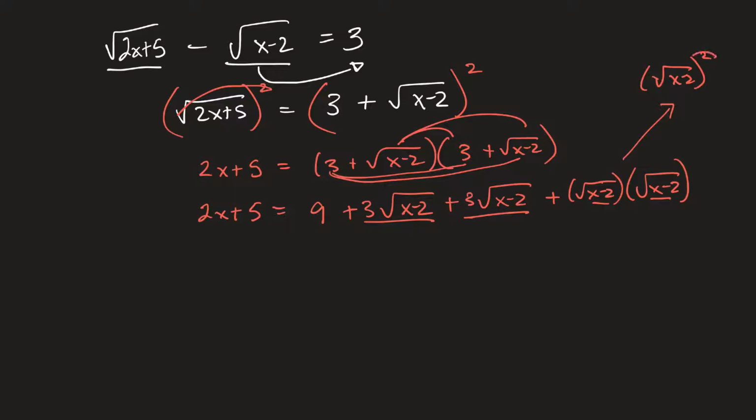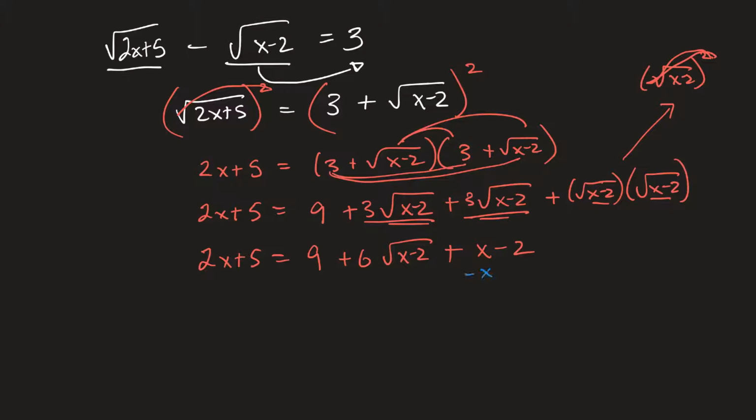So the squared and the square root cancel out. Okay, so let's write what we have. 2x plus 5 equals 9. Like terms, so I can say that's plus 6 root x minus 2. And then this here will just be plus x minus 2, because the square and the square root cancel each other out.